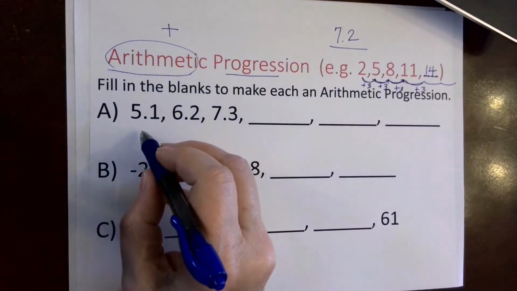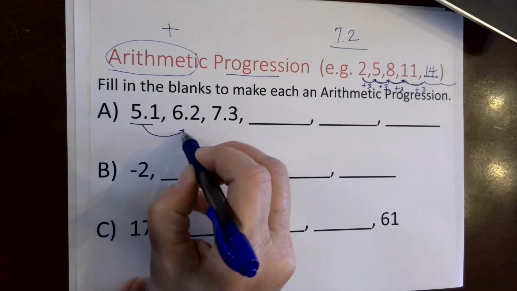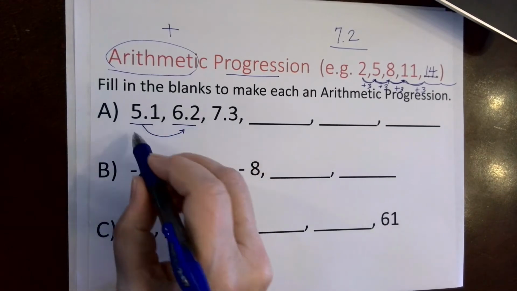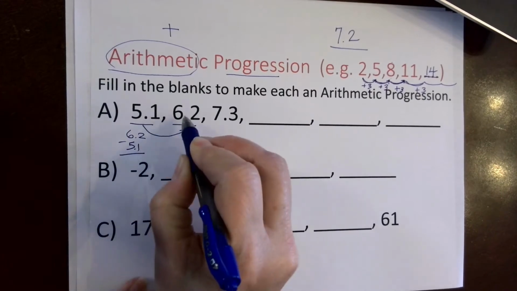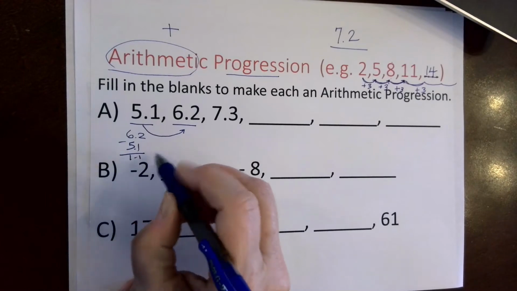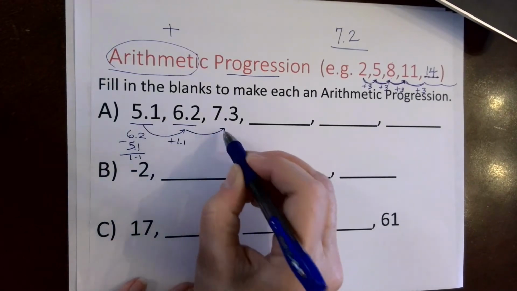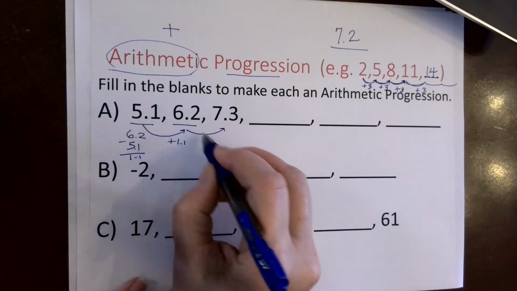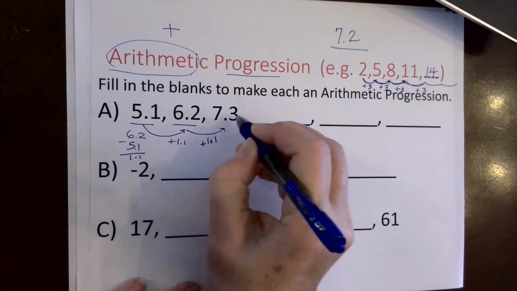What's the jump from 5.1 up to 6.2? We find it by subtracting the right number minus the one before it, and we get 1.1. So we're adding 1.1 to that number. See if it works here. 6.2 plus 1.1, yes, that gets us to 7.3.